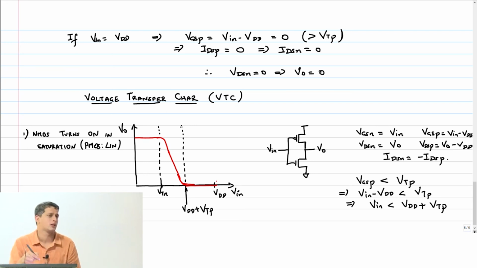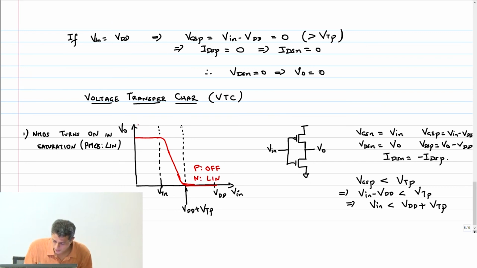Now, in this region, when the PMOS is off, what region of operation is my NMOS in? It is in linear region. So here PMOS is off, NMOS is linear. Out here NMOS is off, PMOS is what? Linear.